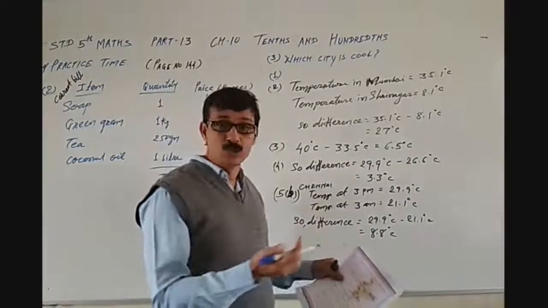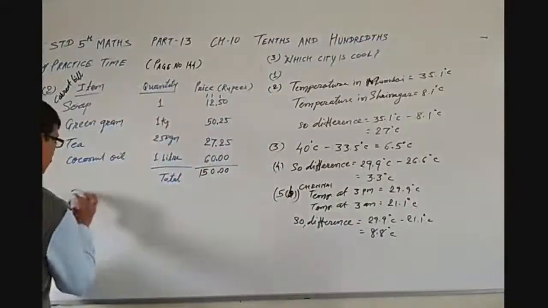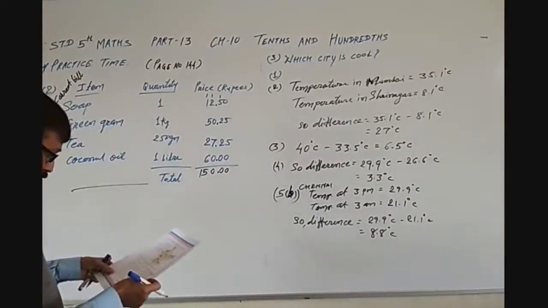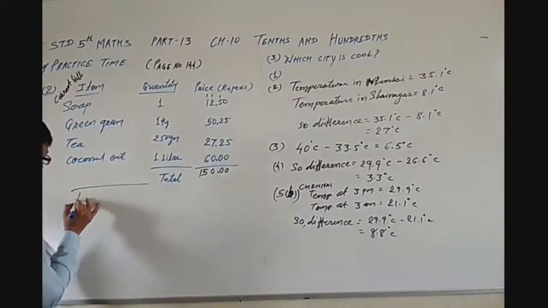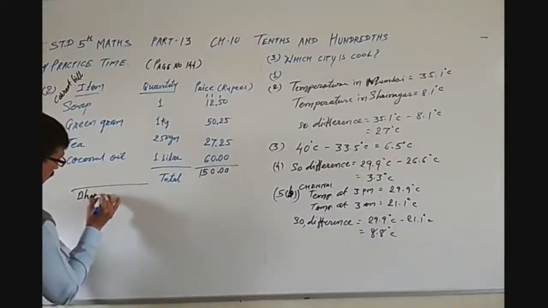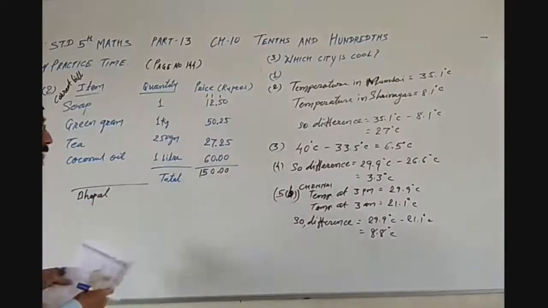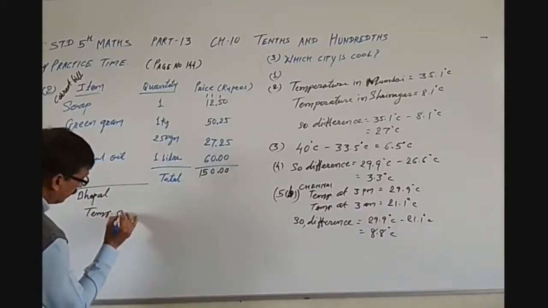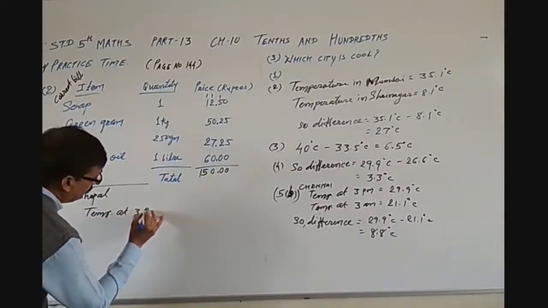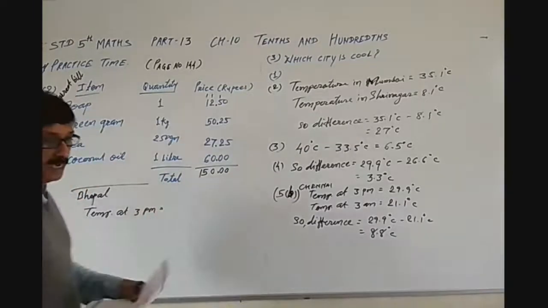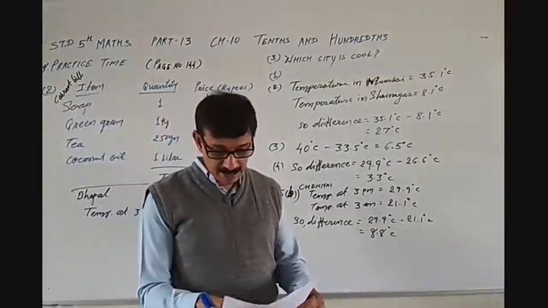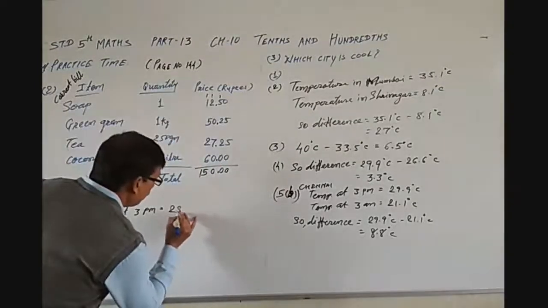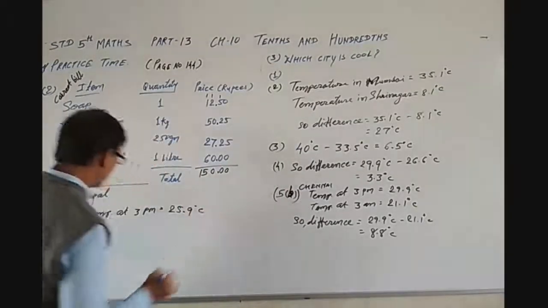Now the next one, that is Bhopal. So for Bhopal, temperature at 3 p.m. in Bhopal is 25.9 degrees Celsius.